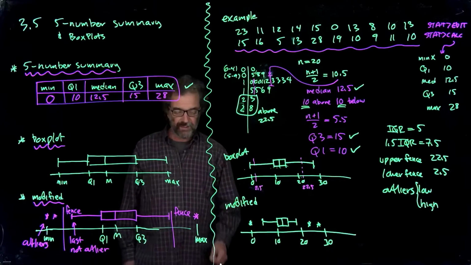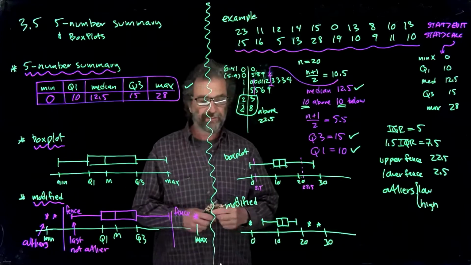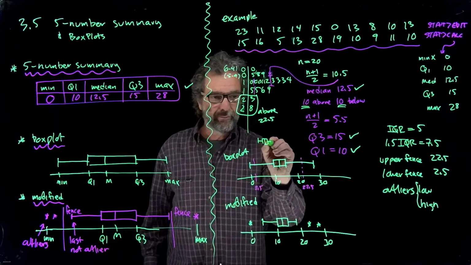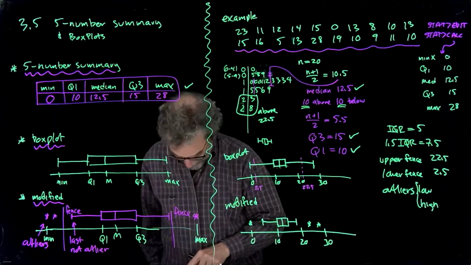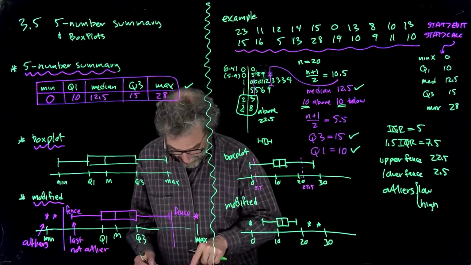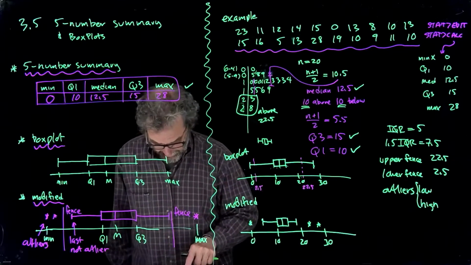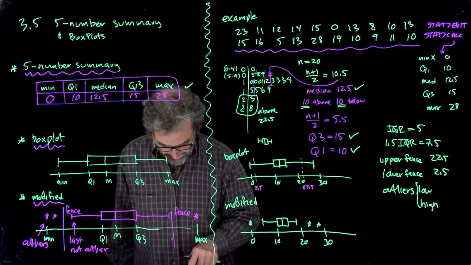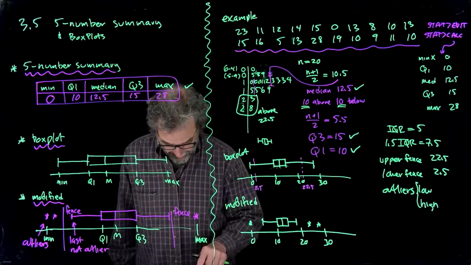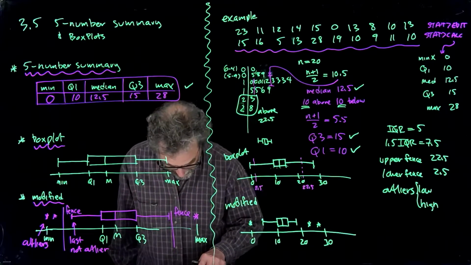So in your calculator, you see a little icon for a box plot. Little icon looks like this. And then for modified, let me see what it looks like. So you have a second option. So where you go is to second stat plot, and then hit enter, and you go over to type, and you get to choose.